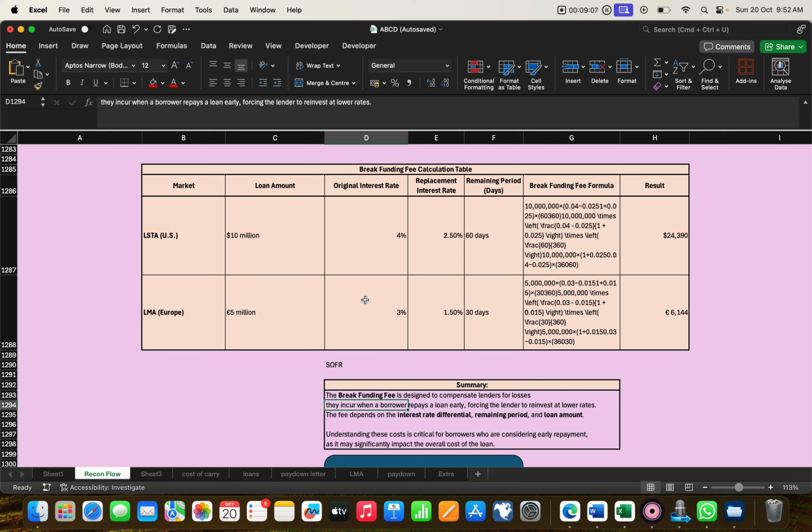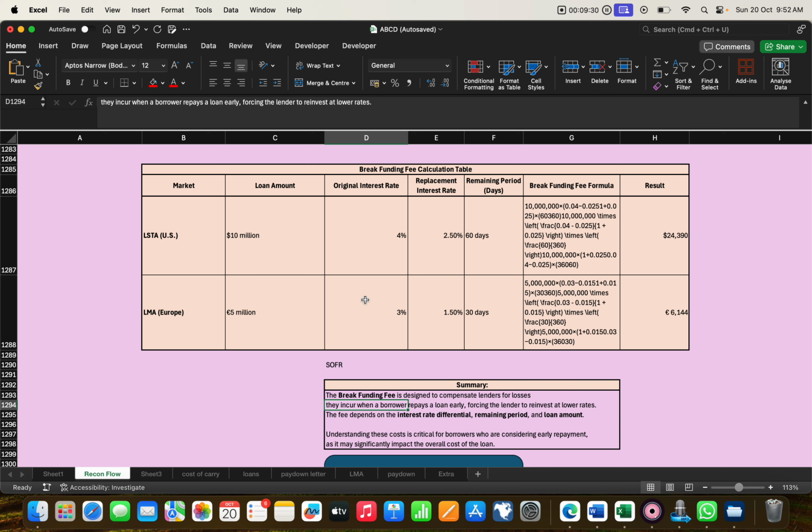So they have to compensate the lender, because if the lender has a 1 year agreement and the borrower pays in 6 months only, the lender gets interest from the borrower but loses the 6-month interest.